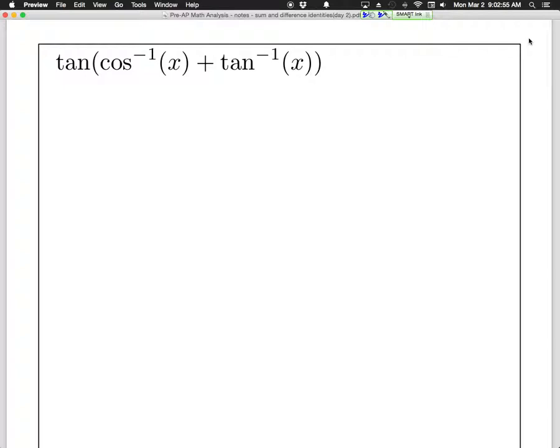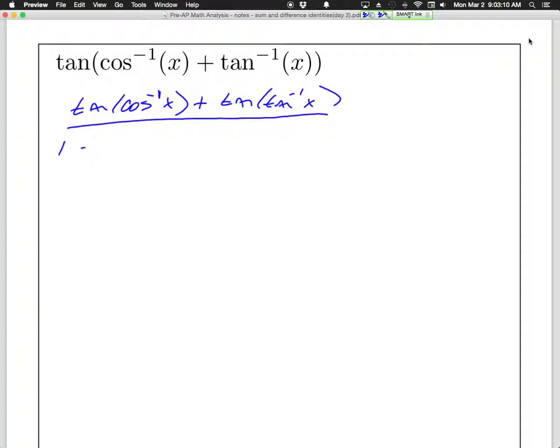So we have tangent inverse cosine of x plus tangent inverse tangent of x over 1 minus tangent inverse cosine of x tangent inverse tangent of x.